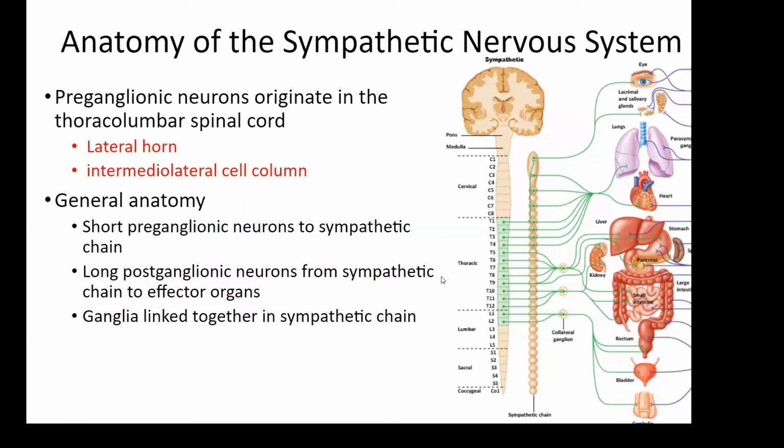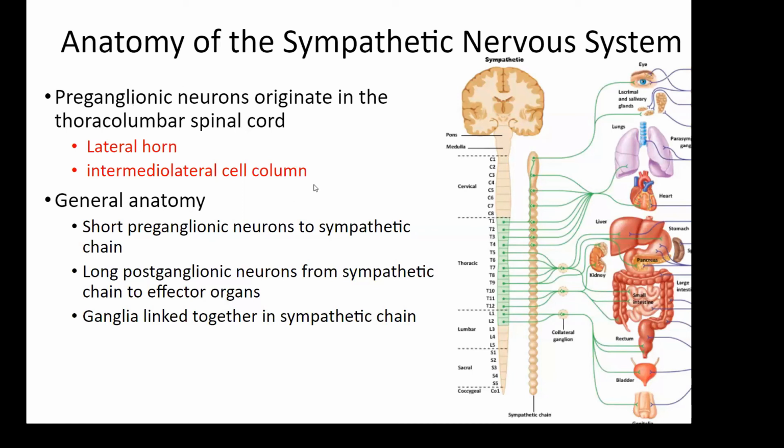Specifically, the preganglionic neurons for the sympathetic nervous system lie in the lateral horn, and we'll take a look at where that is, which we can also call the intermediolateral cell column. Those terms are relatively interchangeable. Lateral horn is easier. So they're going to originate in a specific part of the thoracolumbar spinal cord, specifically in this lateral horn.